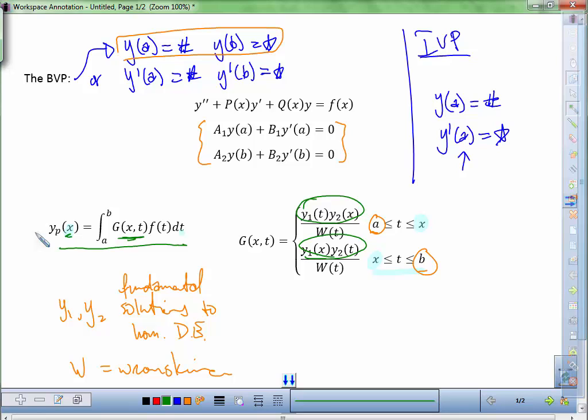It looks innocent, but when you integrate a piecewise function, you have to actually break up your integral, and that's what's going to happen. We want our final answer to have an x in it, and so those x's that are floating around in here are going to play a part in our values.